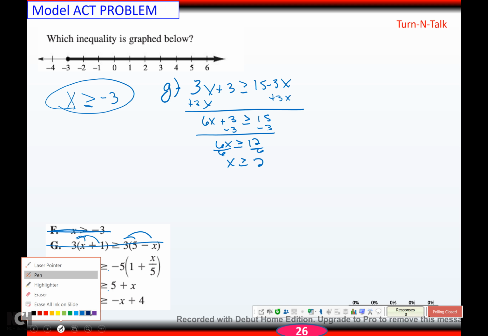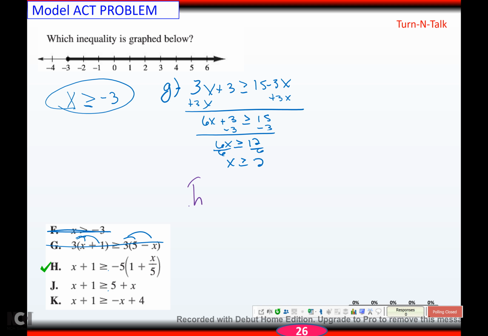If I test H, I have x plus 1 greater than or equal to, distribute this, -5 times 1 is -5. -5 times x over 5 would be -5x over 5, which just reduces down to -x.